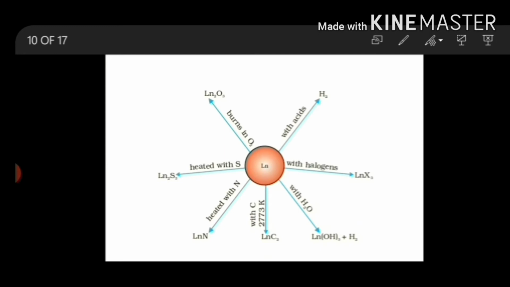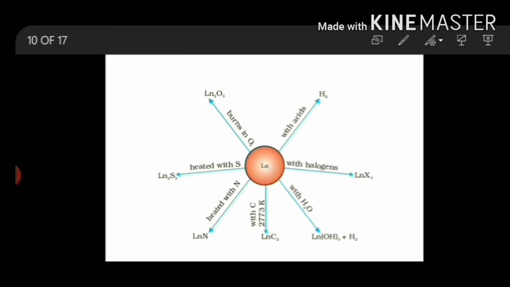Lanthanoids react with oxygen and sulfur to form oxides based on formula Ln2O3, and sulfides based on formula Ln2S3, where Ln is the general symbol for lanthanoids. They form halides with halogen, and they liberate hydrogen with acids.